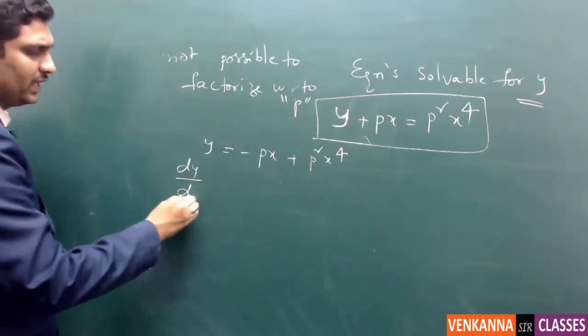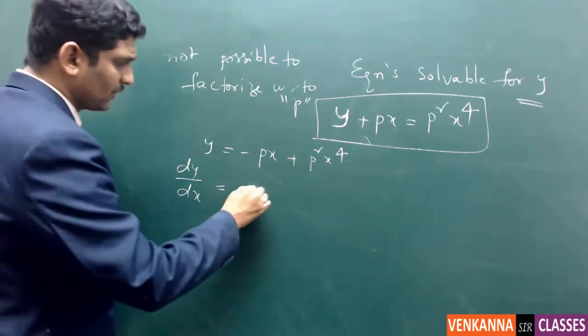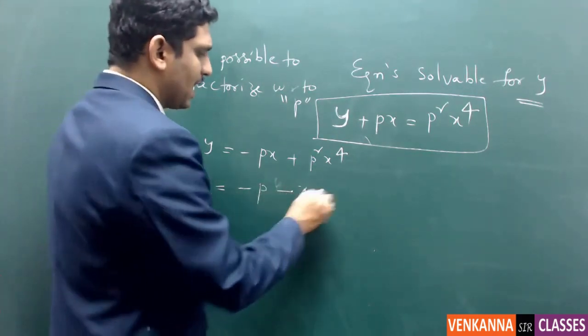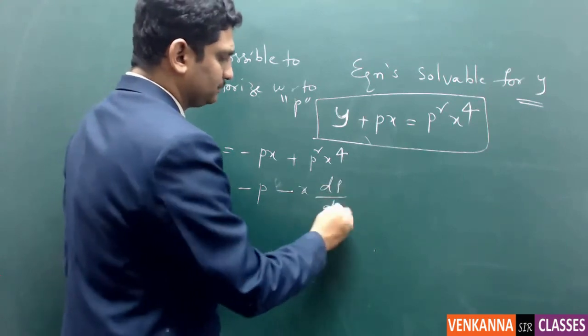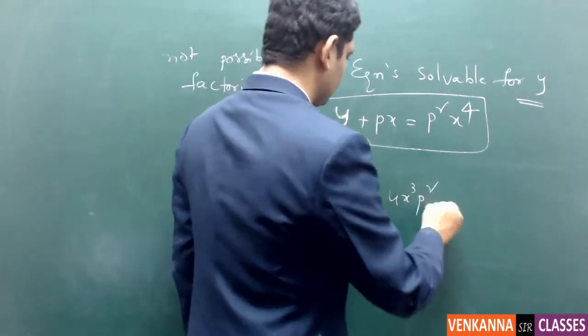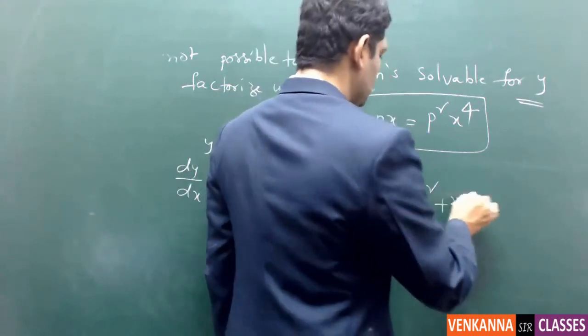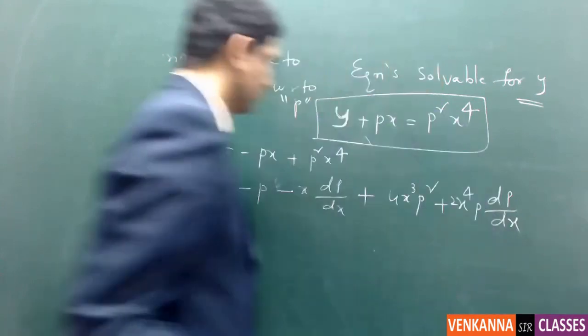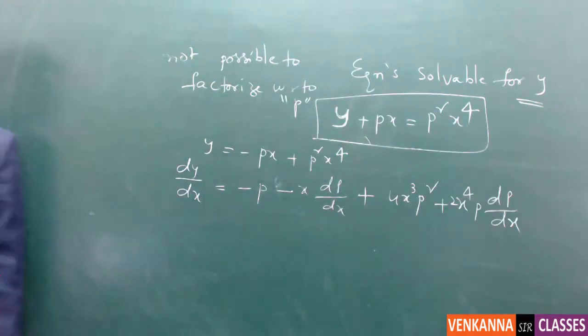So dy by dx is equal to minus p minus x into dp by dx plus 4x cube p square plus 2x power 4 p into dp by dx. Please check. Accepted?